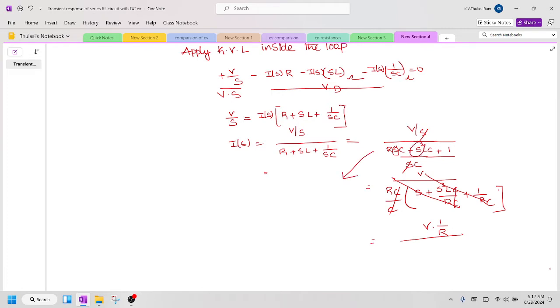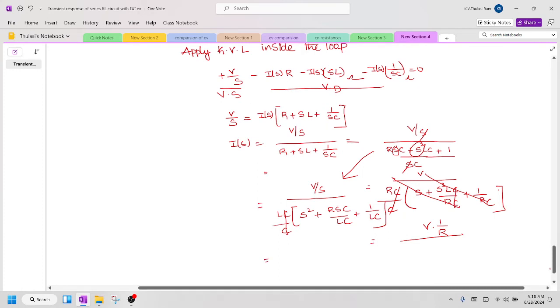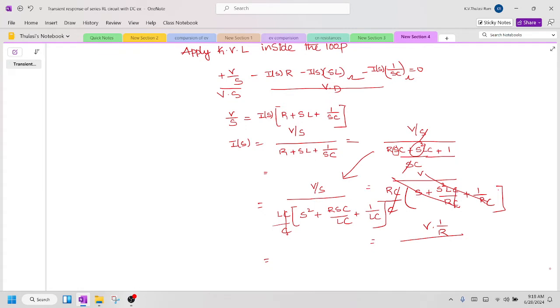So how to make the coefficient of S square as 1: V by S divided by, I am taking LC as common, which is nothing but S square plus R SC divided by LC, plus 1 by LC, and this already has the term C, so C will get cancelled automatically. You can see this can be expressed in this format.